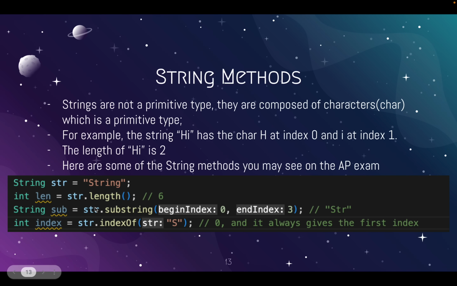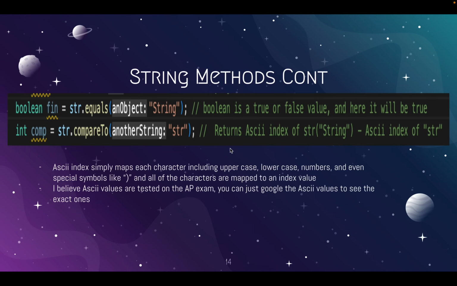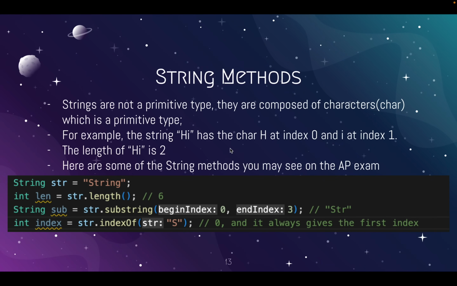And the indexOf method gives the first index of a character in a string. So here, the indexOf method gives 0 for s. But if there was a capital S at the end, it would still give 0 because it always gives the first index of the character, just to be clear.